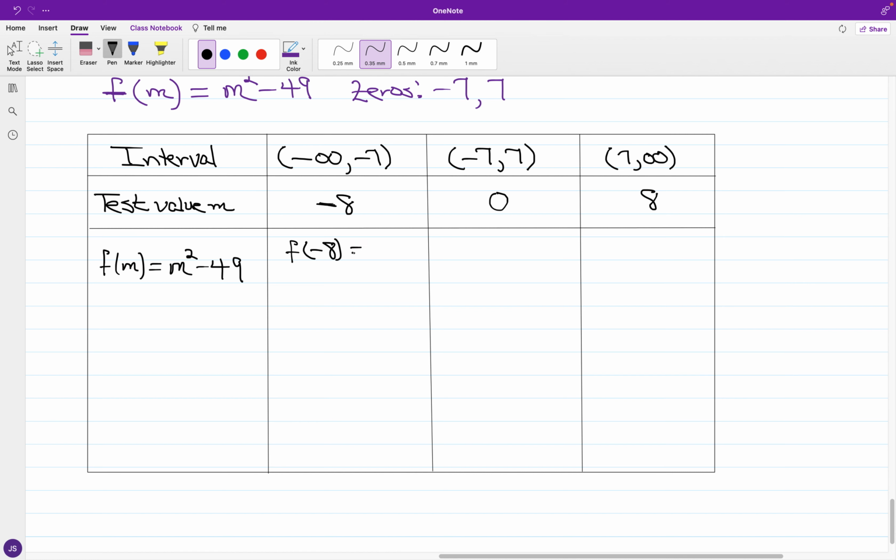For f of negative 8, m squared minus 49, I'm looking at the square of negative 8 minus 49. The square of a negative is going to be a positive. So we have 64 minus 49. This will come out to a positive 15.